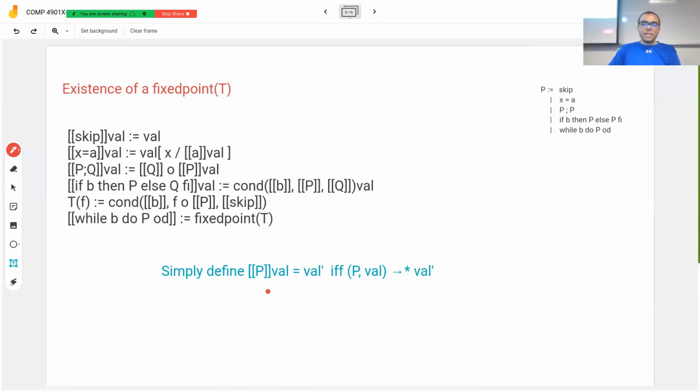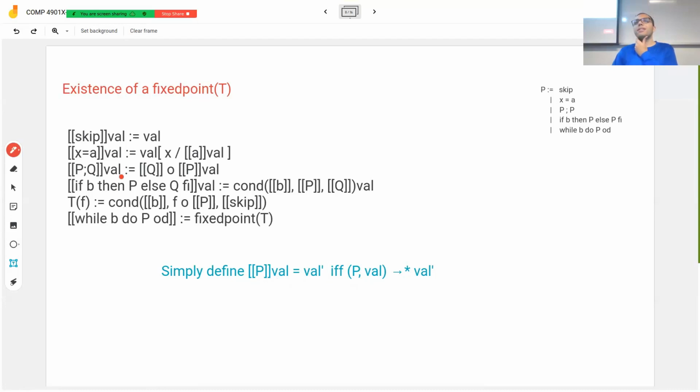So imagine that I defined it like this. I define the semantics of the program P applied to initial valuation val to be val prime, if and only if there is an execution of the program P that starts at val and ends at val prime. And this should be when the program terminates. Again, whenever I don't write the program, when I'm using operational semantics, I mean that the program has ended, it's the empty program. If I had defined it like this, then you would see that my definition would actually satisfy all of these requirements here.